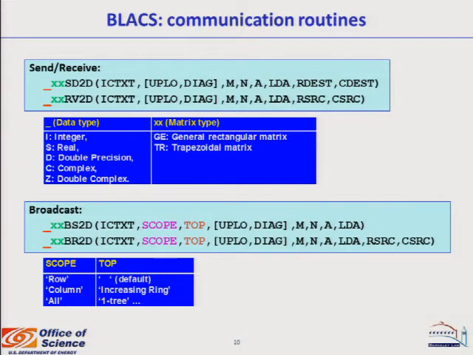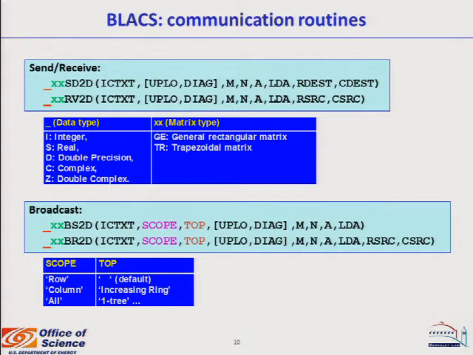As I mentioned to you, the BLACS is basically a layer of functions that can help you to deal with linear algebra data in an easier way. Instead, for example, of calling an MPI function directly to send and receive data, you can use, at the top of this slide, the BLACS function called SD2D, in other words, send data in 2D, or in a 2D grid.